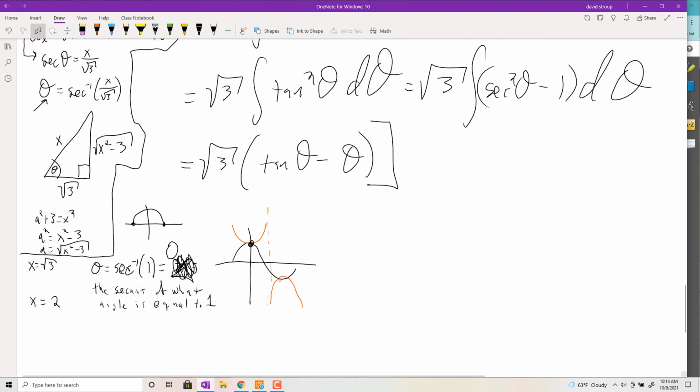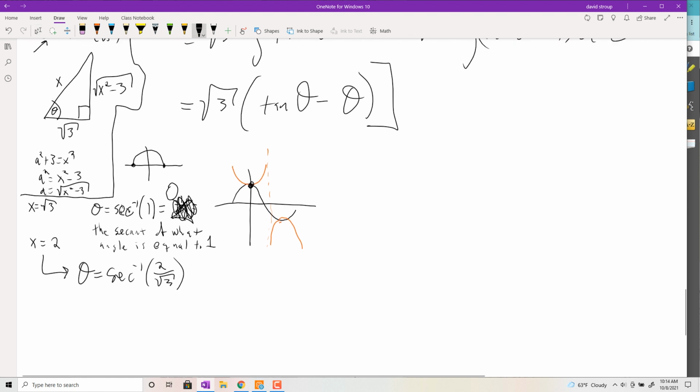And then, oh my God, for the other one, we have theta equals secant inverse of 2 over root 3. So this one I kind of think in terms of cosine inverse, but kind of. I could see that root 3 over 2, the cosine of what angle equals root 3 over 2, and then kind of play that game.